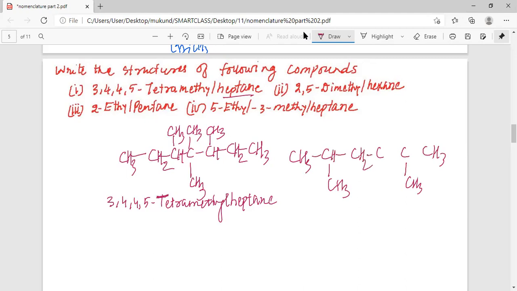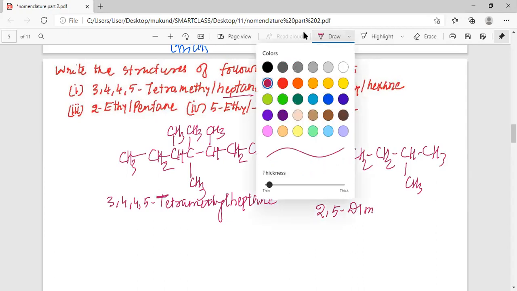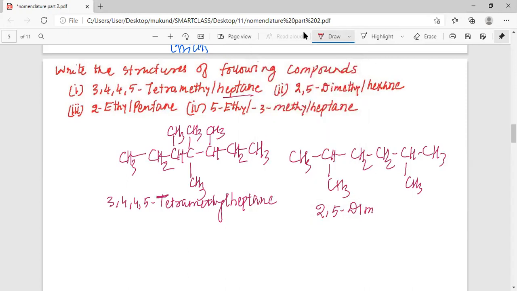Then again we have CH2, then CH2. Then this is CH and CH3. This is 2,5-dimethyl hexane. Just 1 minute, my dear students.